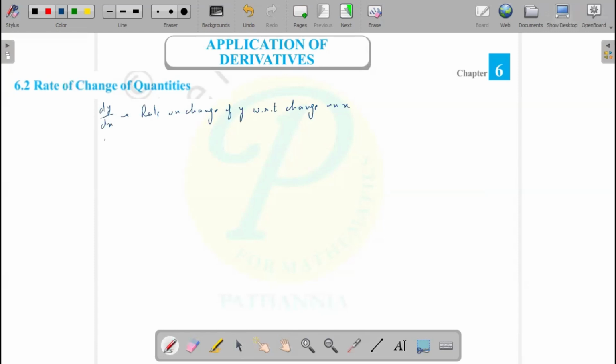Whereas in your physics, ds upon dt, from s you denote the distance, the rate of change of distance with respect to change in time, from t you denote the time.